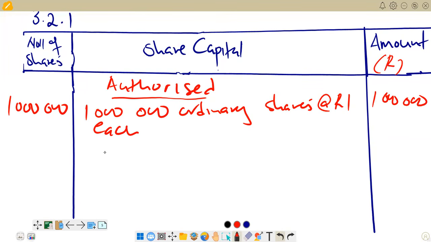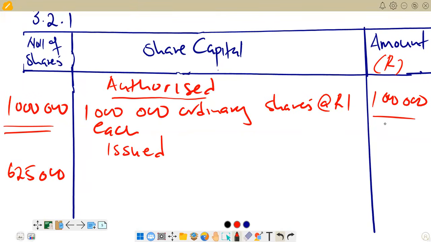Then we now go to the issued now. So on the issued, remember, we have 625,000. So this one, obviously, it's not going to affect the calculation, so we can just maybe close it. The 625,000 shares that we have at the beginning.